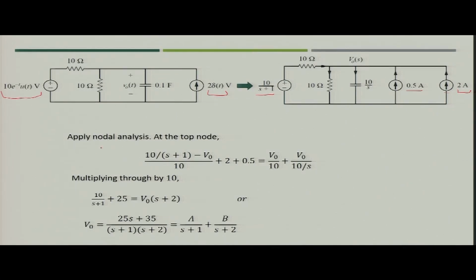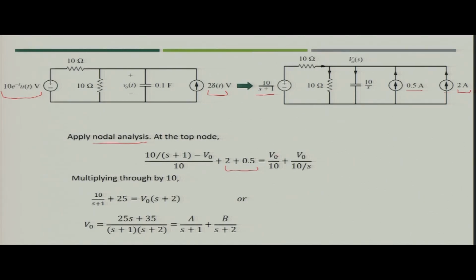Now, what you have to do? You have to apply the Kirchhoff current law at the top node. So, you will see 1, 2 and 3 are the currents which are going inside the node, and 2 are coming out of the node. So, when you compile incoming and outgoing currents, you can say that 10 upon S plus 1 minus the node voltage V naught divided by 10 will be the value of this current, plus 2 and 0.5 are the current sources, will be equal to outgoing currents.